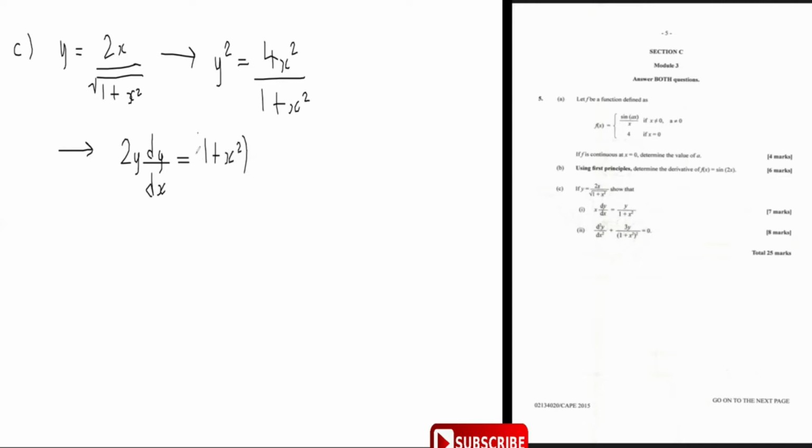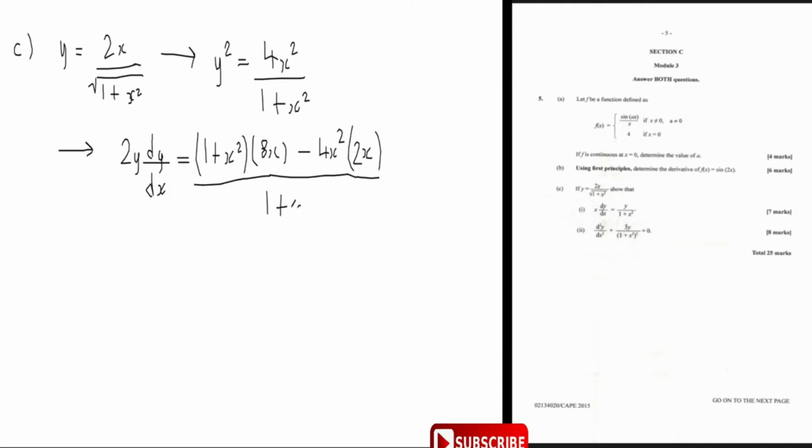The differential of the top is 8x, minus the top, which is 4x squared, times the differential of the bottom. The differential of the bottom is 2x, over the bottom squared.